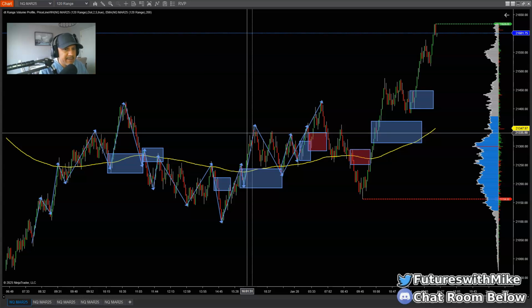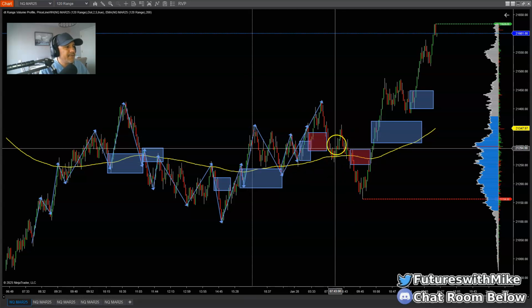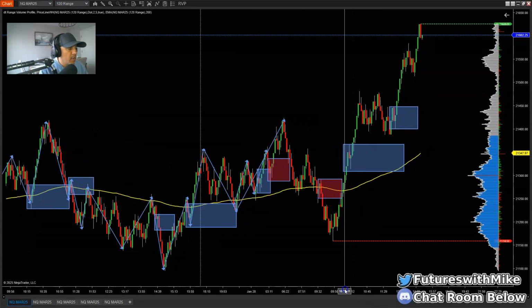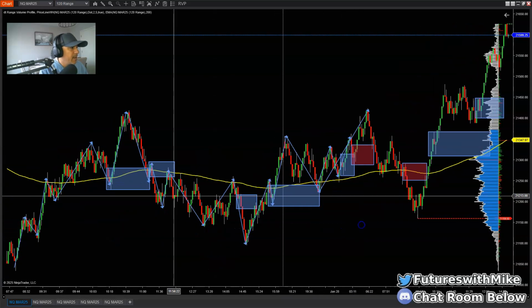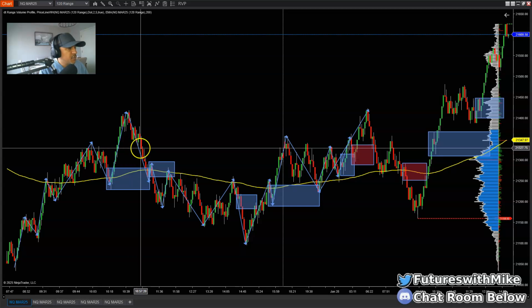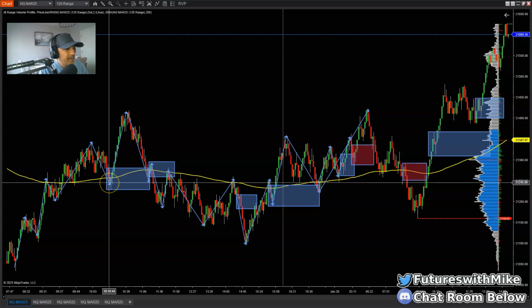Because if the market taps, for example, let's just pick something right quick here. Let's say you were going short in this area here on a lower base chart, right? All right, but look what you got here. It's a major area of demand right here.